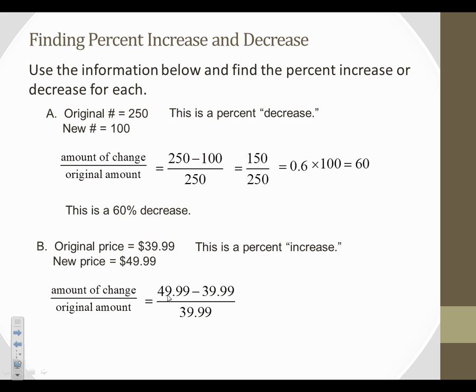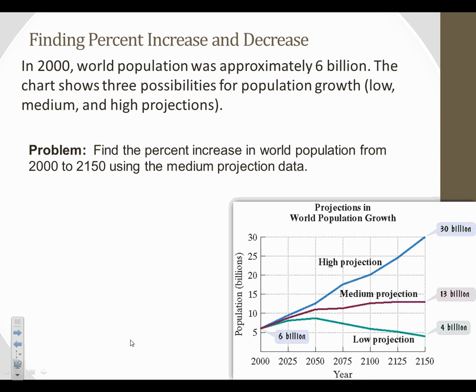Keep your numbers positive. So we're going to do $49.99 minus $39.99 over the original. Original's always on the bottom, giving us 10 over $39.99. And when you multiply that by 100, you will get 25% increase.